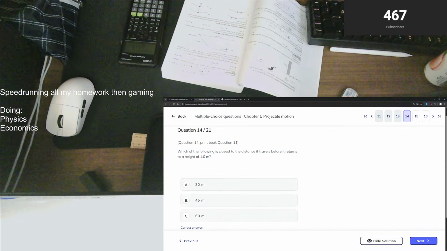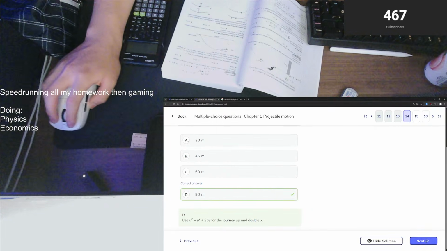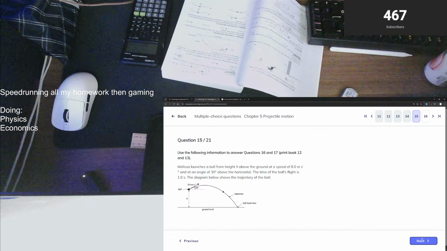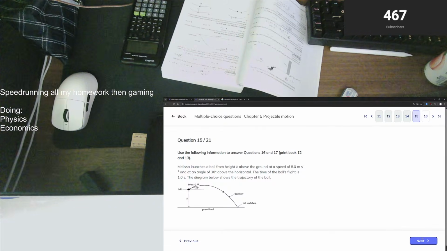Alright, it's the question. This is full information. Answer question 12 and 13. Melissa launches a ball from height h above the ground at a speed of 8 meters a second, at an angle of 30 degrees above horizontal.